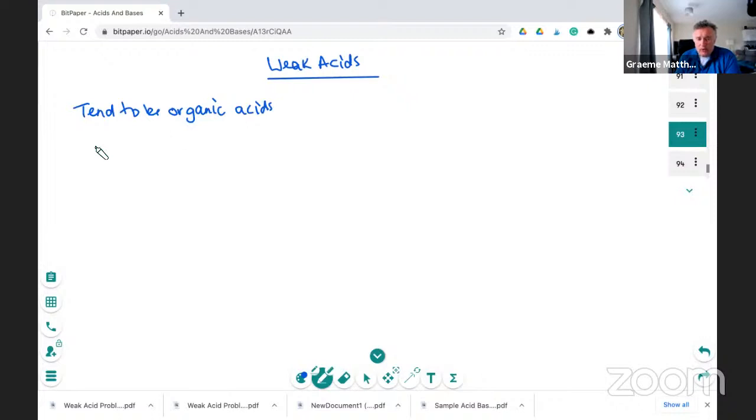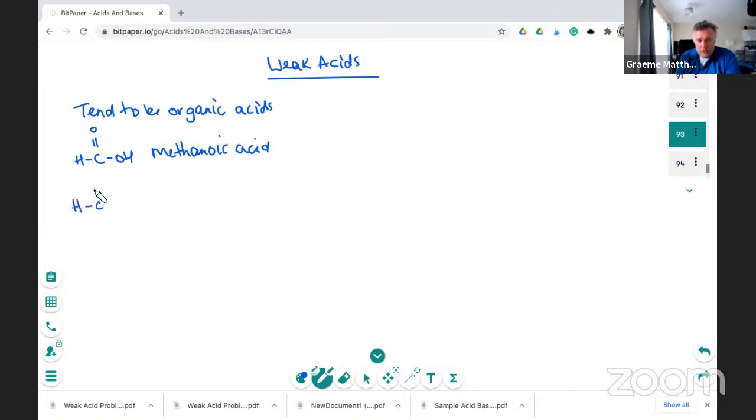So, for example, at A level they're just going to give you something simple, like methanoic acid, or they'll give you ethanoic acid, vinegar.